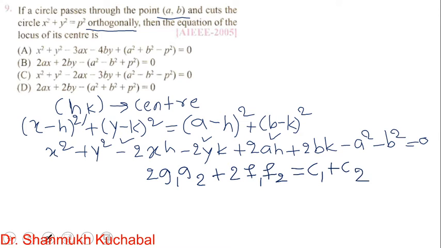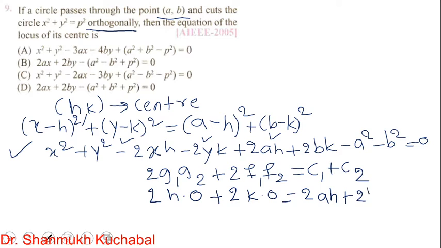So we know the standard form of a circle, and we have the information about g1, g2. From the above equation, g1 is h, g2 is 0, plus 2 times f1 is k, f2 is 0.